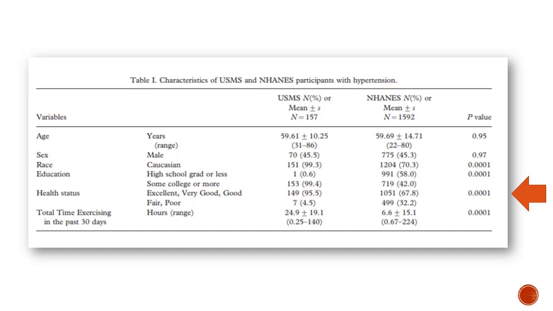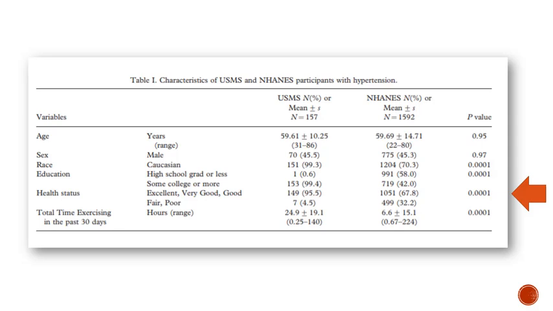You've got basically one race representing the masters swimmers. You have higher education attainment in the master swimmers, and better health status as well as time exercising in the past 30 days. So both groups, they aren't the same.